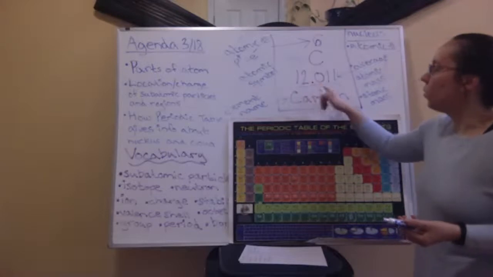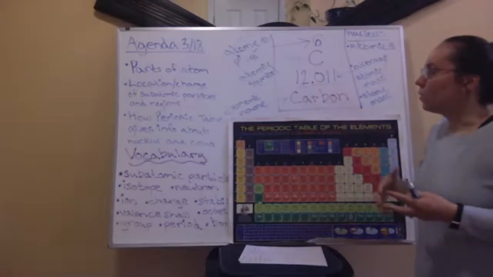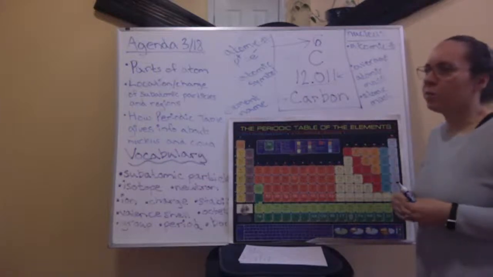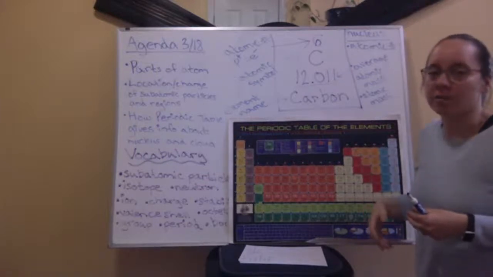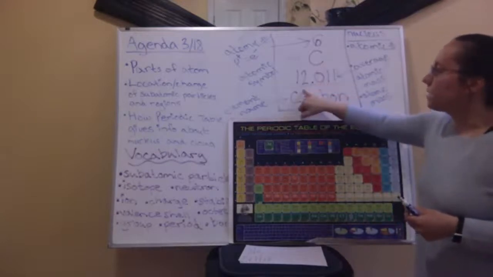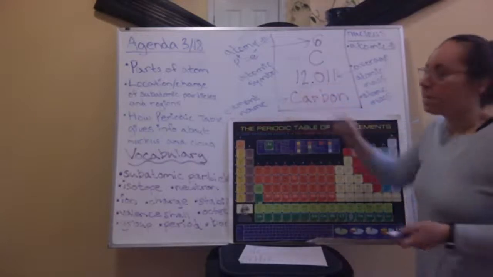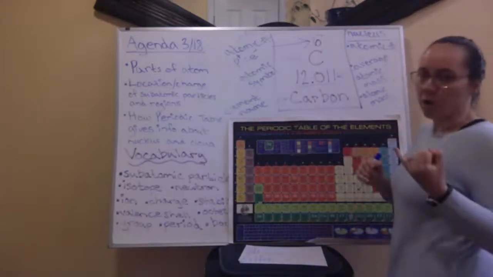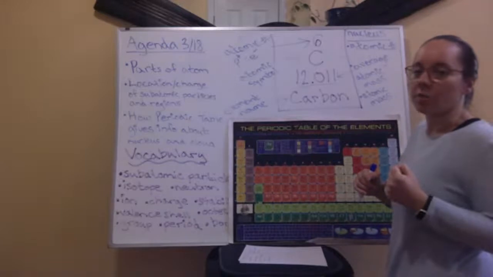So you have the multiple isotopes, and what they do is basically they say, okay, which isotope is found on Earth most often? And that's called percent abundance. So notice that the mass here is closest to 12. And carbon has a few isotopes, including carbon-12, carbon-13, and carbon-14.